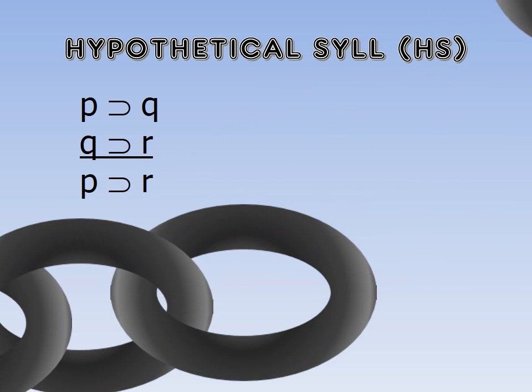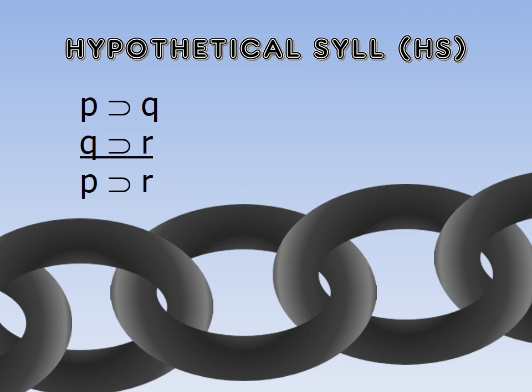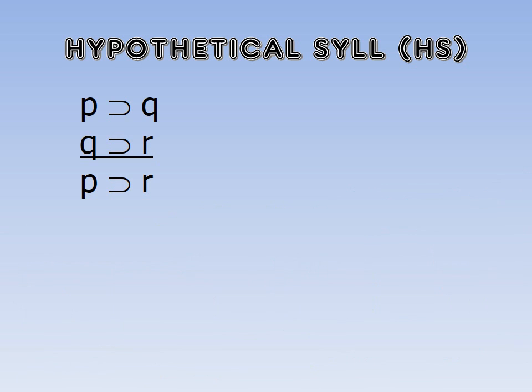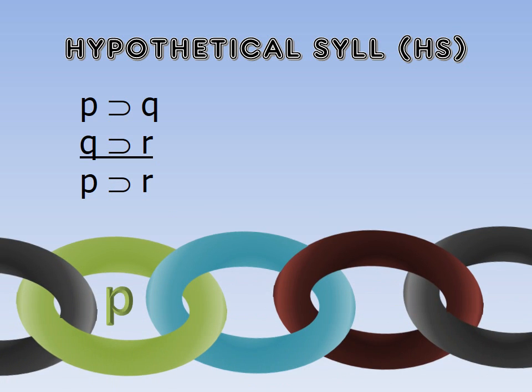That may remind you of how we studied categorical logic. But basically what we have instead is a situation where P is connected to Q and Q is connected to R, so in a sense P is already connected to R, only now we're dealing with propositions instead of dealing with categories as we did before.